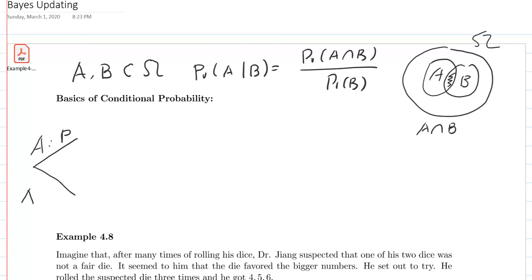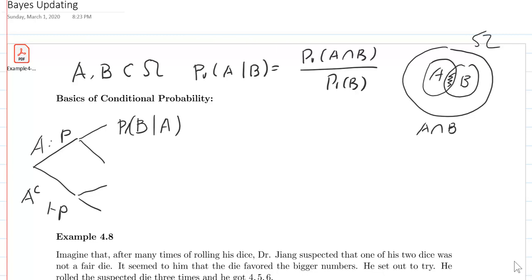And then event A doesn't happen. This C means event A doesn't happen. The probability is going to be 1 minus P. Okay, so these two. And imagine we know two conditional probabilities. So on these branches, we have conditional probabilities. The first one says, if A happens, what's the probability B happens? And this is the probability.